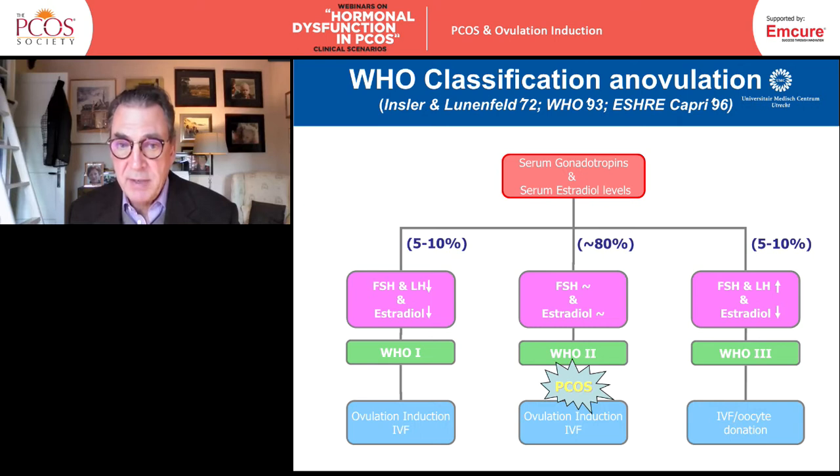But the great majority of patients have FSH and estradiol levels within the normal range, referred to as WHO class 2. And of course, dependent on the criteria you use, the great majority of this WHO 2 is diagnosed with PCOS. And ovulation induction strategies are relevant under those circumstances. Again, a very fundamental, very old principle, which I think is still very valid today. And of course, in the context of this presentation, we particularly talk about this.